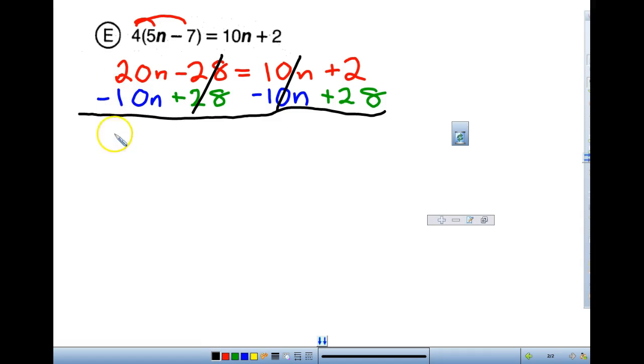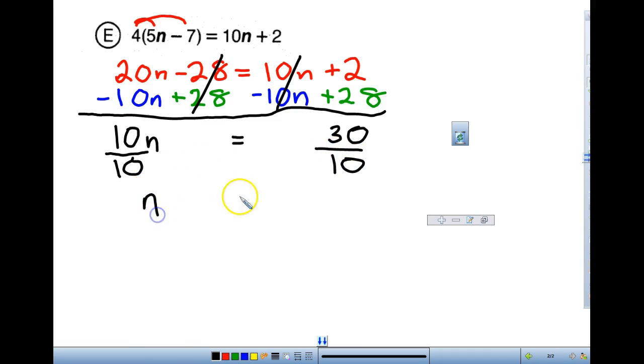Yeah, 20n minus 10n. N times what equals 2 plus 28, 30. 10 times what equals 30? What this question is asking. And then last step, 5. Go. N equals 3.